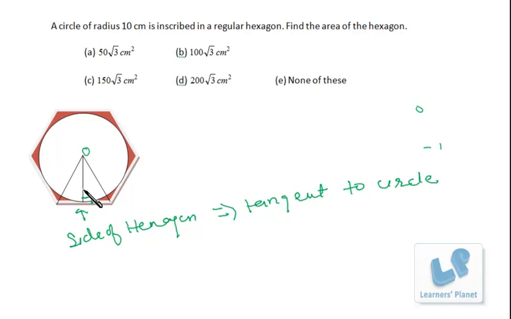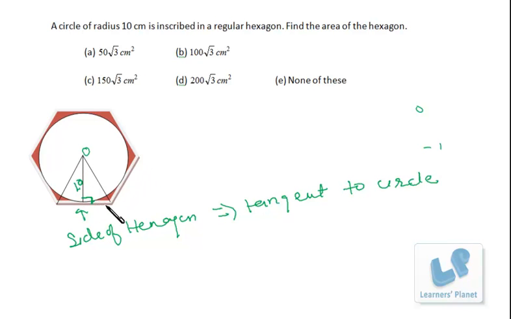So in this case, this length will be equal to 10 centimeter, that is the radius of the circle. Okay. Now it will be an equilateral triangle. As I have already told you in the previous question, in a regular hexagon from center, if we drop lengths like this to the vertices, we will be getting 6 equilateral triangles. Okay. That means these three angles will be of 60 degree.